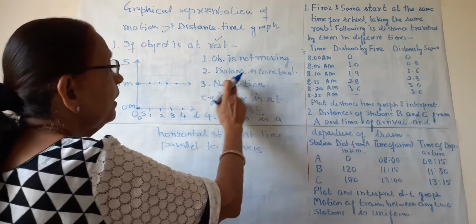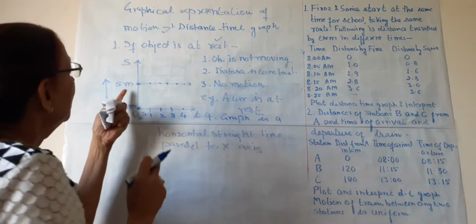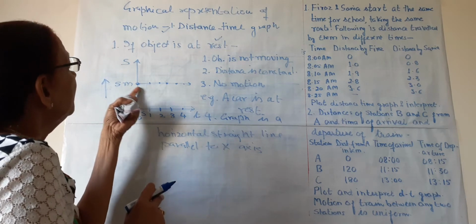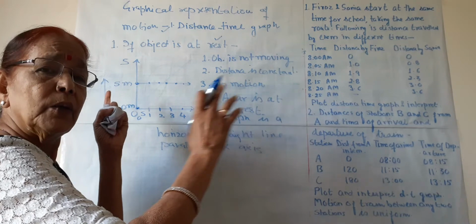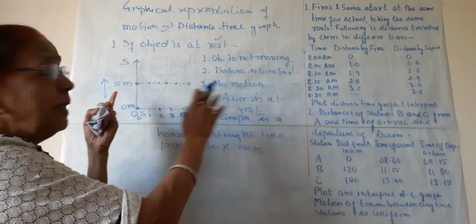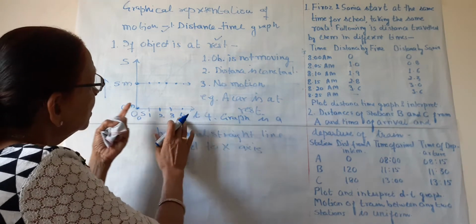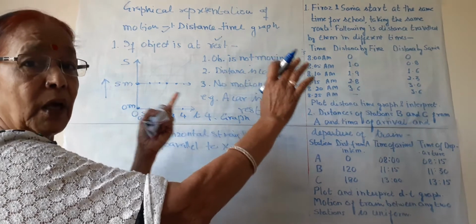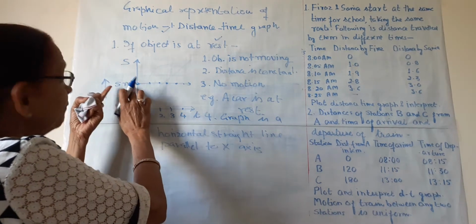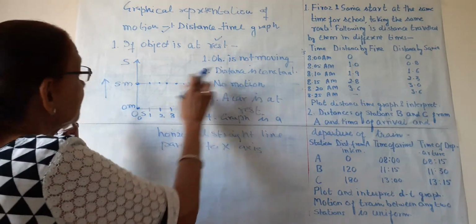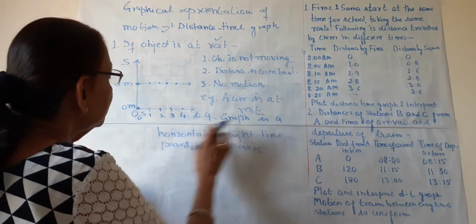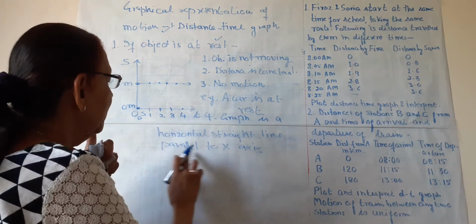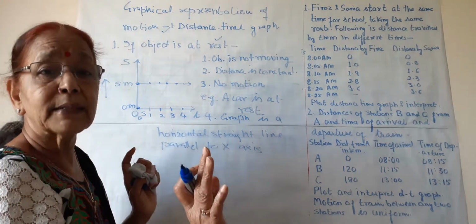The object is not moving, distance is constant. If it is at 5 meters, it will be at 5 meters for whatever the time may be. The time may increase from 1, 2, 3, 4, 5, 6, 7 seconds or hours, but the object will be here. That is, the distance is constant. There is no motion and the graph is a horizontal line parallel to the x-axis.